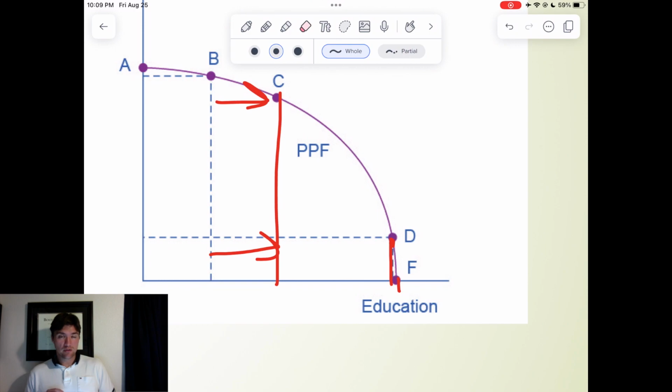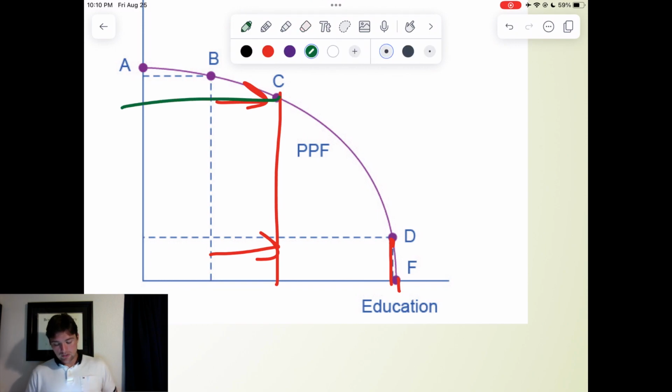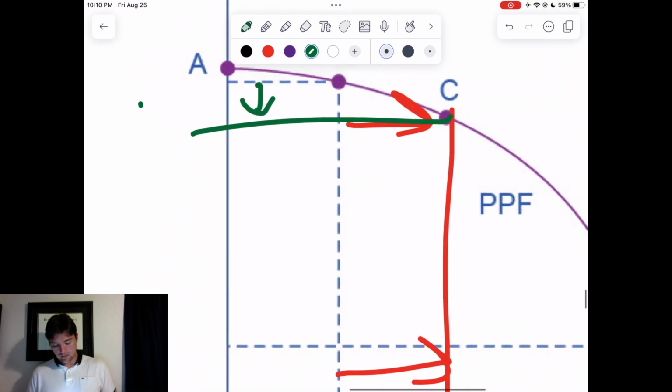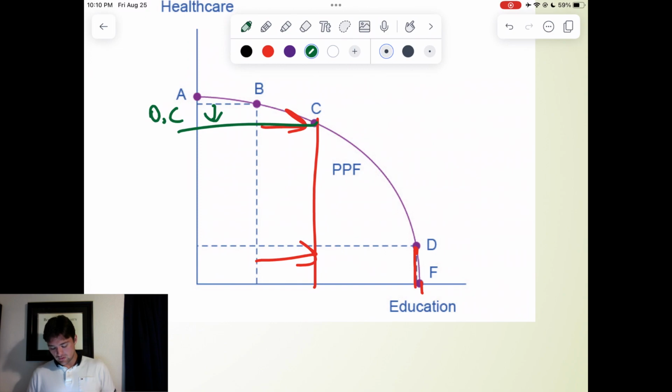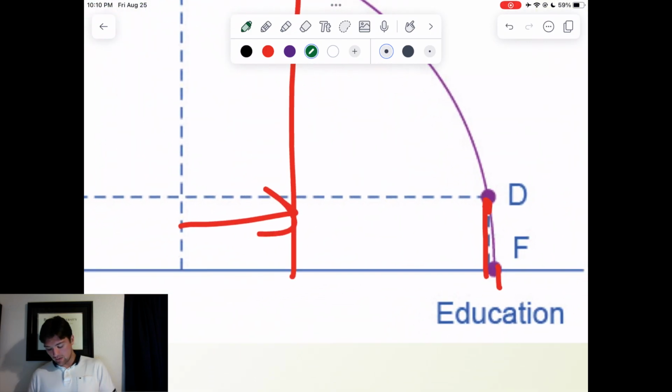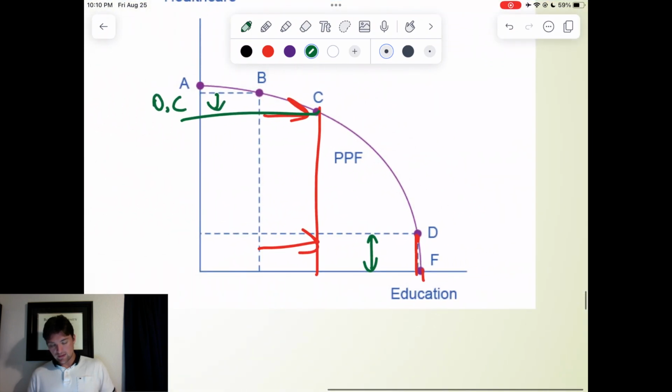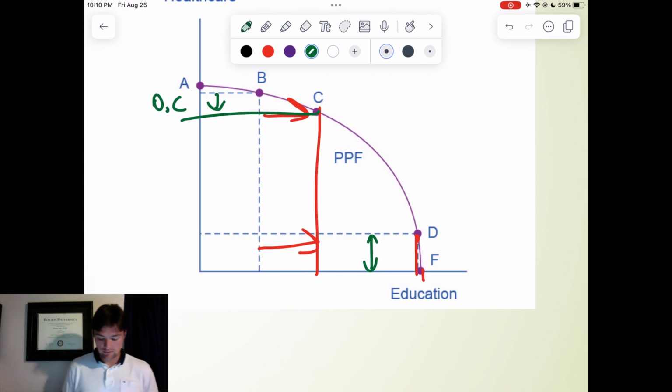Now, what about the opportunity cost? Let's take a look at that real quick. Remember, because we're doing more education, what do we have to do? We have to do less healthcare. So this right here is our opportunity cost. But then when we are starting to go from like C to D or D to F, we're now having a larger increase in the opportunity cost.